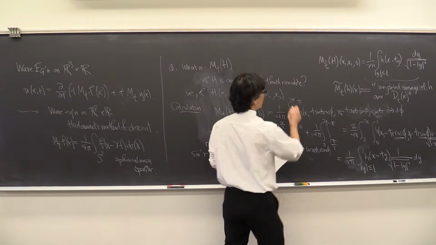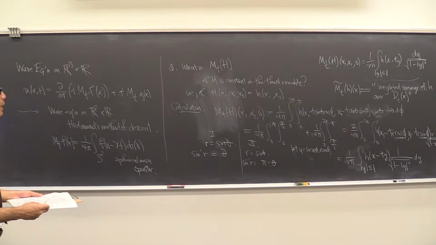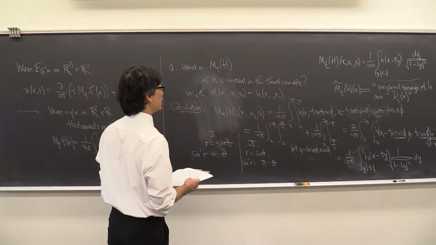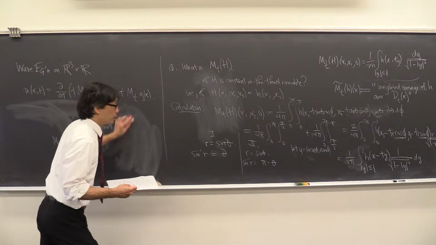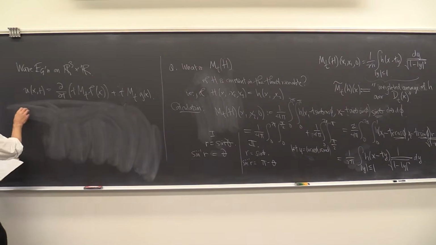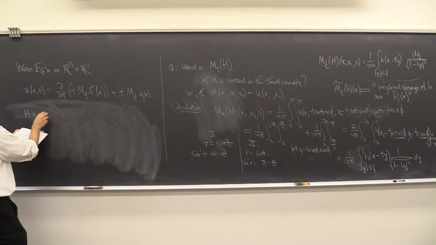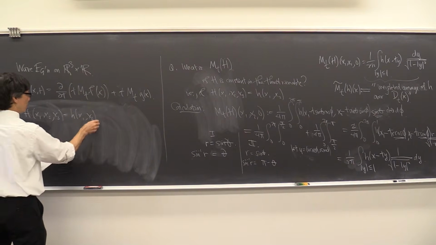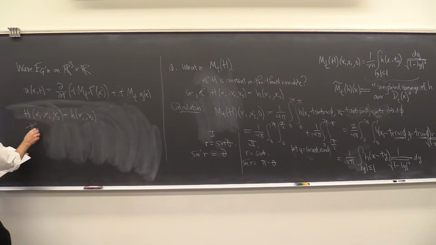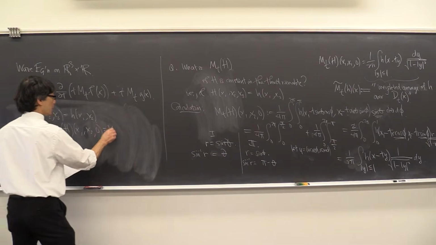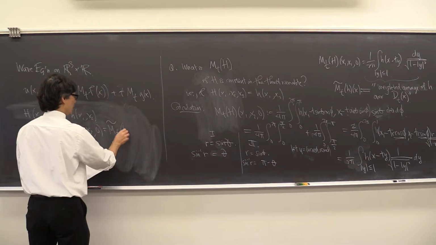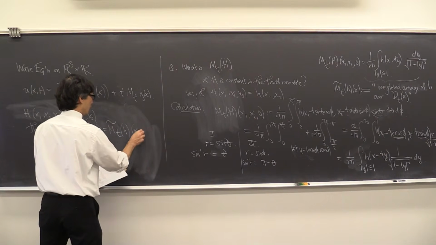Right. Okay. So that's the lemma that's going to be useful: if h of x1, x2, x3 equals little h of x1, x2, then the spherical average of h at (x1, x2, 0) is going to be the weighted two-dimensional average of little h at (x1, x2).